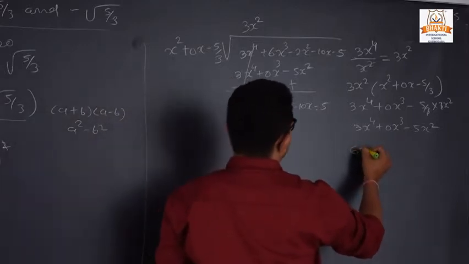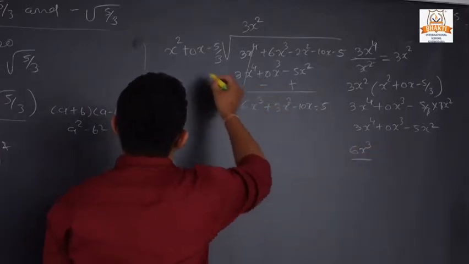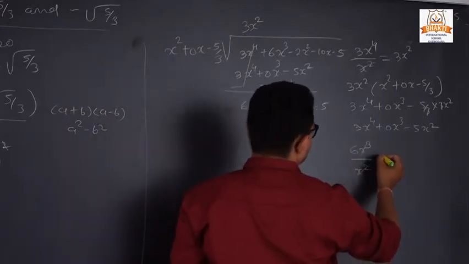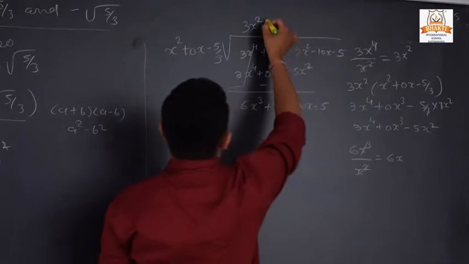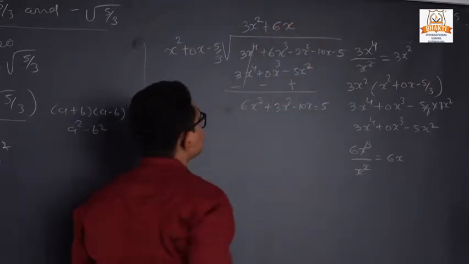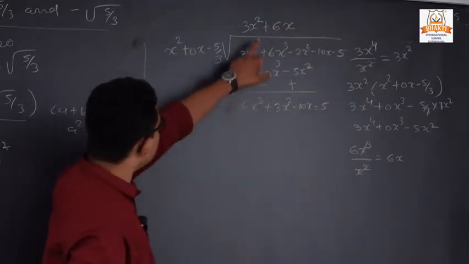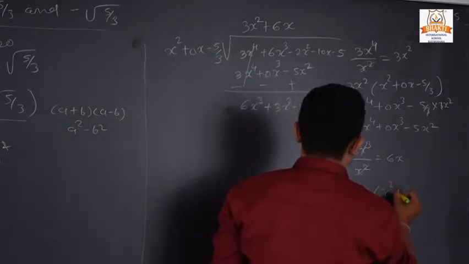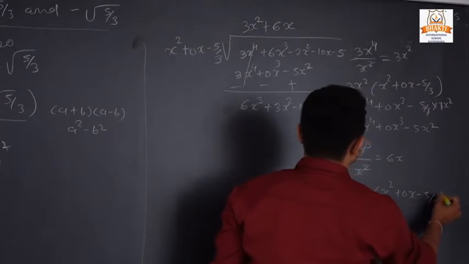Now 6x³ is divided by x². The x² cancels, so it is only 6x. Here we write 6x. Now 6x is multiplied with x² + 0x − 5/3.